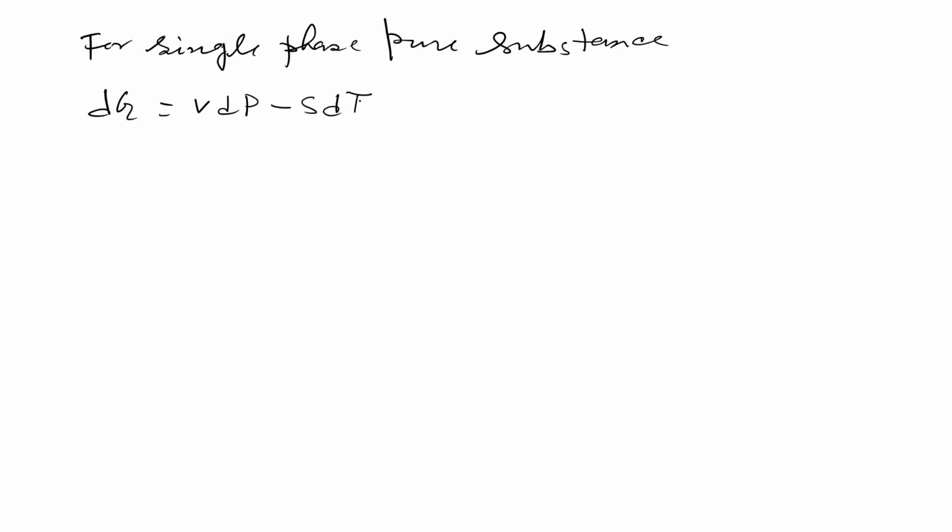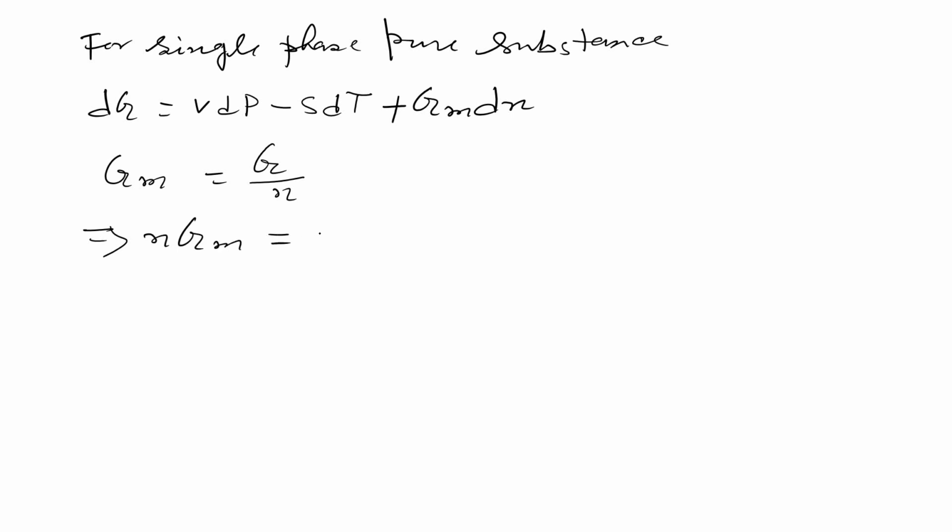Already I have derived all these equations in my earlier video. Only one substance, so in place of mu I can write Gm dN. Now Gm, the molar free energy, will be equal to G by N. So what can we write? N Gm is equal to G.